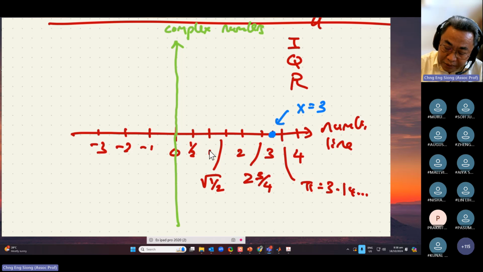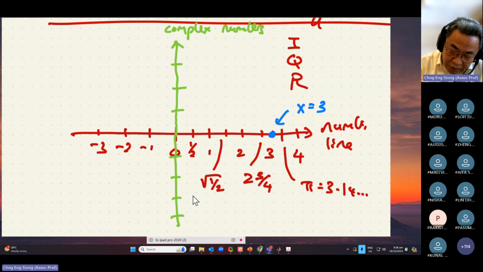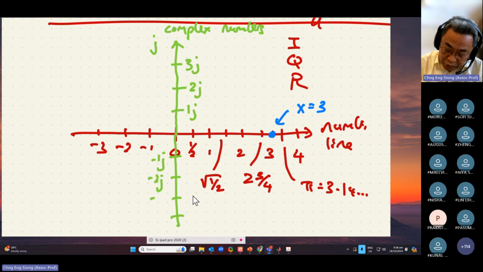And again, the complex numbers should also be fully occupied. So along this green line is also a number line, a real number line, but we call this J, and this 1J, 2J, and 3J, and minus 1J, minus 2J, minus 3J.